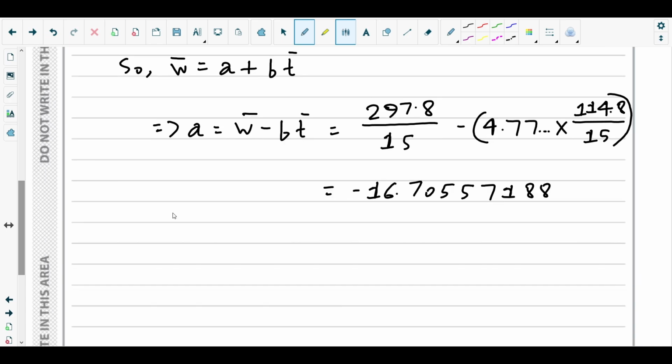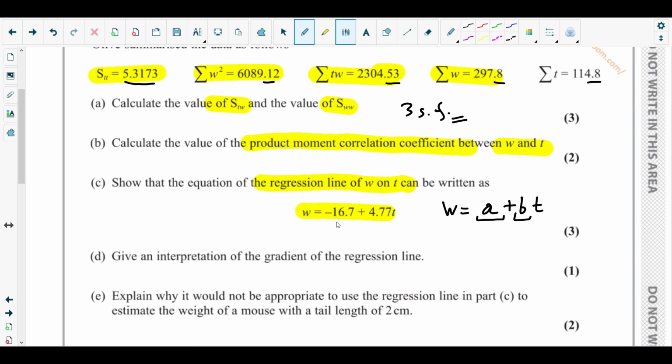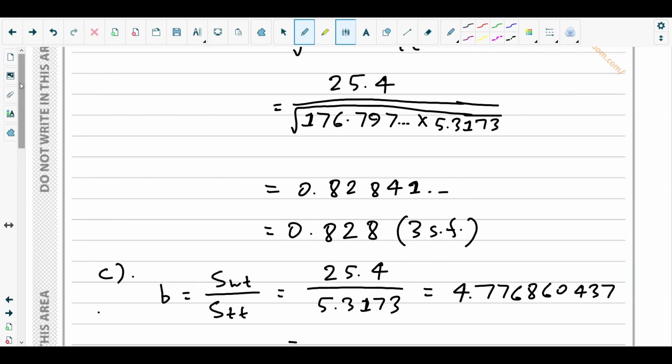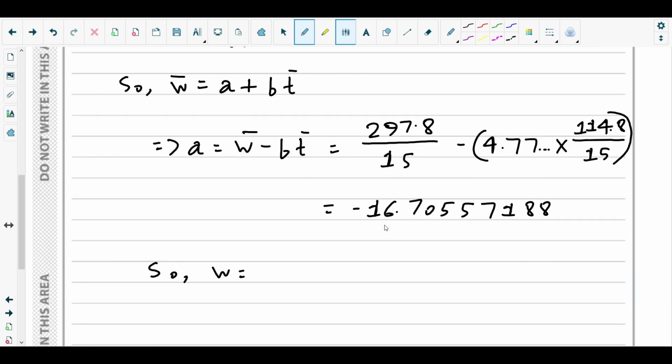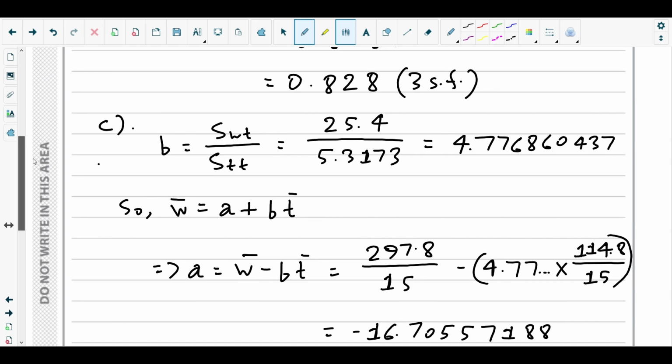So the equation we will have here is W equals, they gave the values to three significant figures, negative 16.7 and 4.77. Negative 16.7, up to three significant figures, and the value for B we got 4.78.